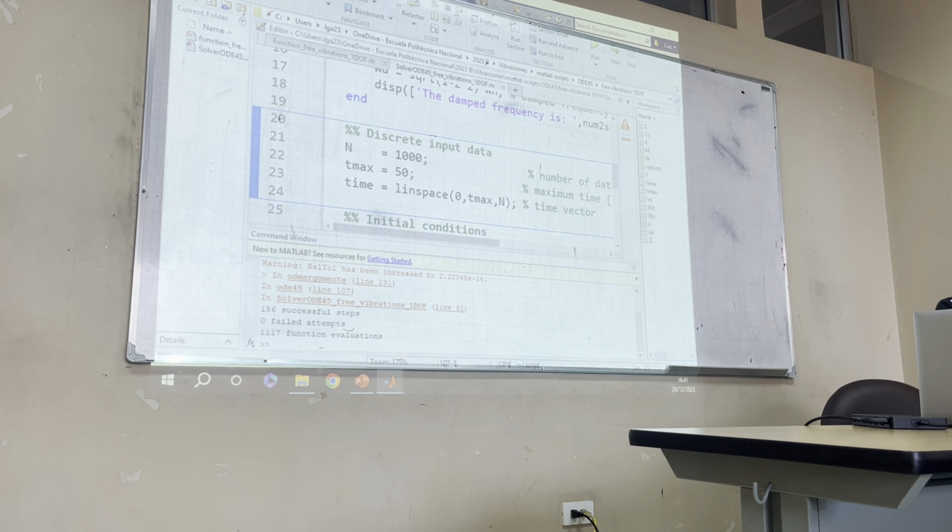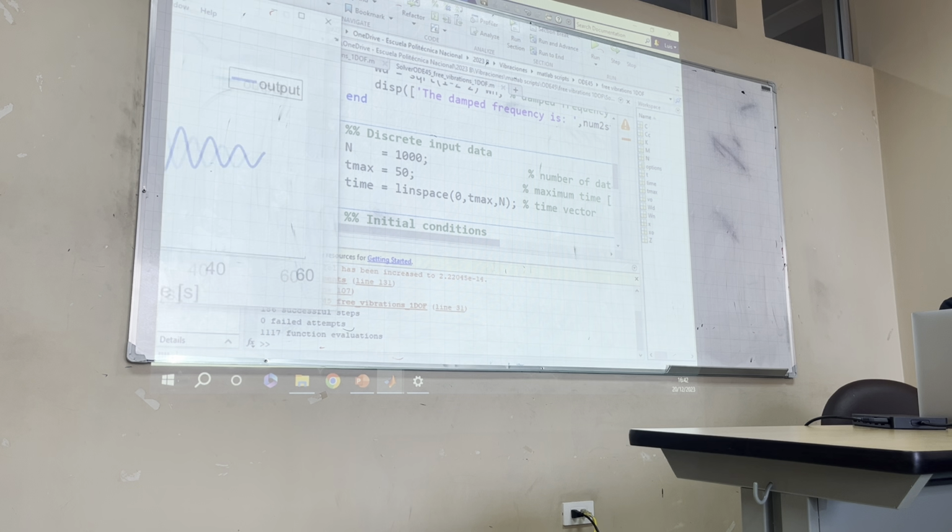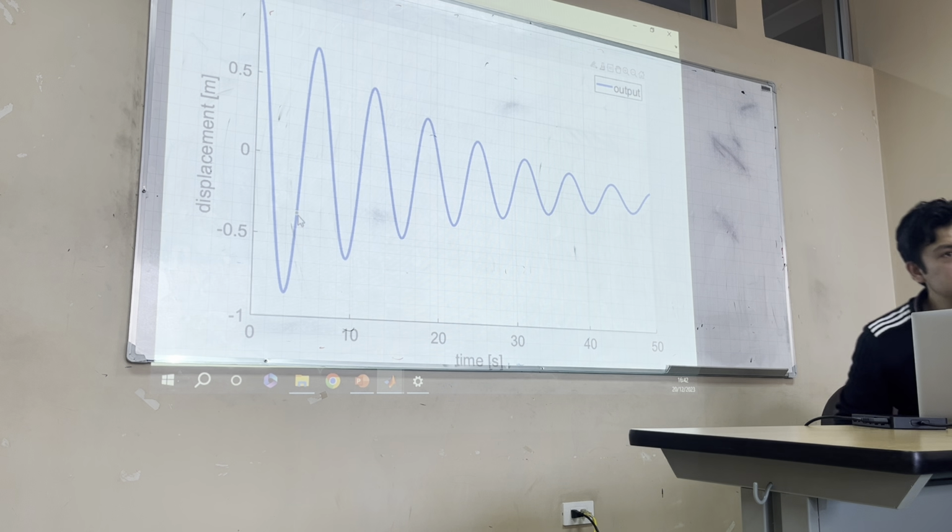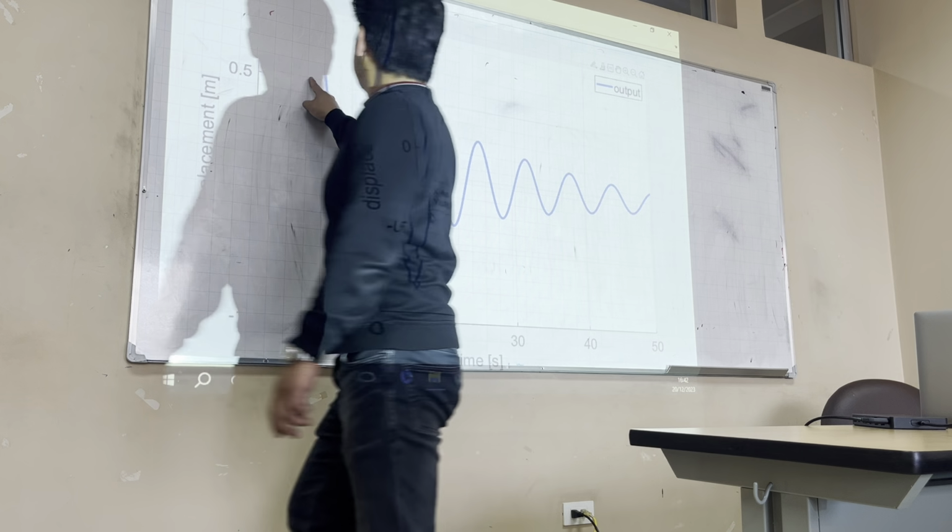It looks better, doesn't it? More rounded.